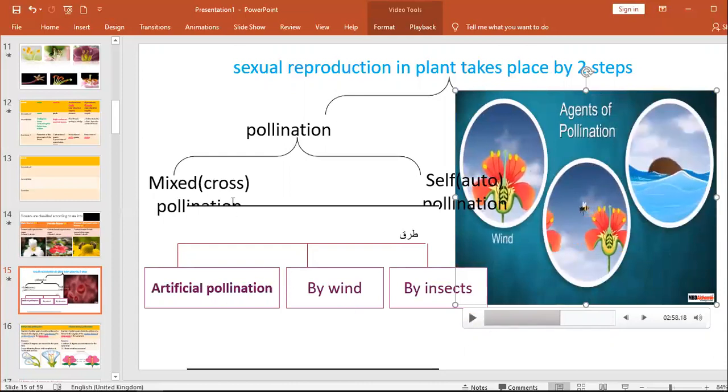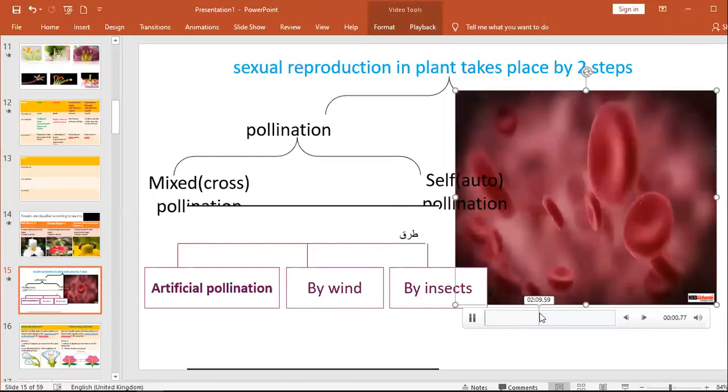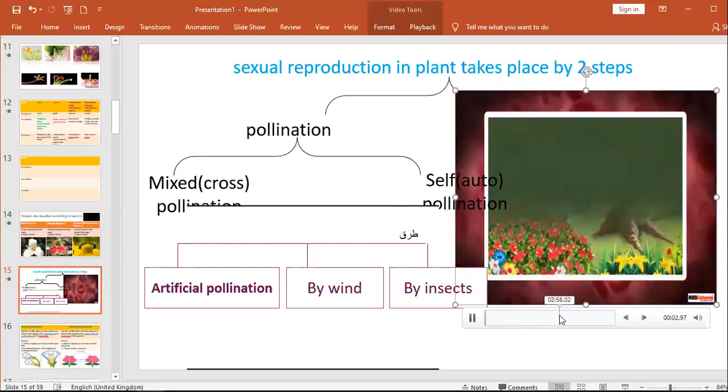Mixed pollination may occur by wind or insect, like this picture. This insect can transfer from one plant to another, or by wind. The wind can transfer pollen grain from one place to another, from plant to plant.